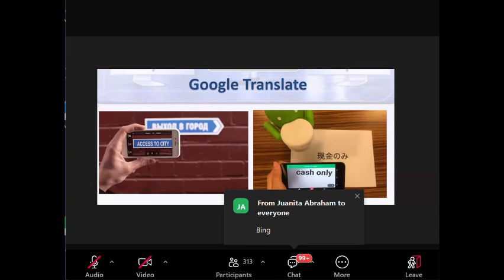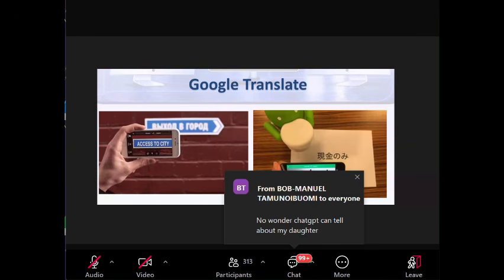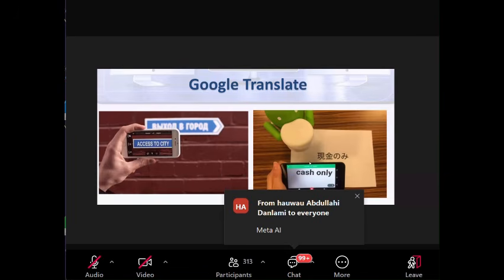So we are in amazing times. It would be very sad and surprising for us not to take advantage of these amazing times we are in now. No wonder ChatGPT can tell about my daughter. A lot of data everywhere.